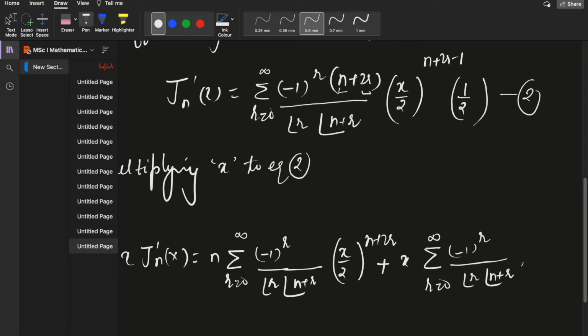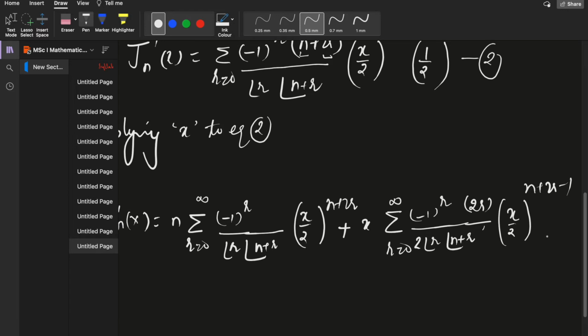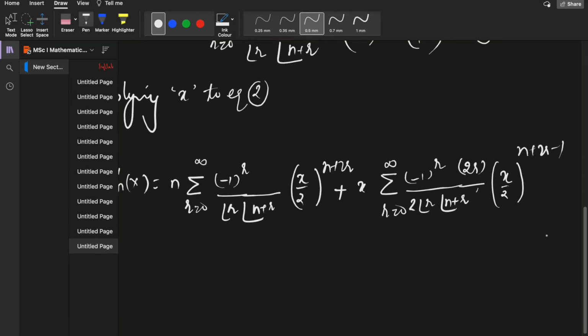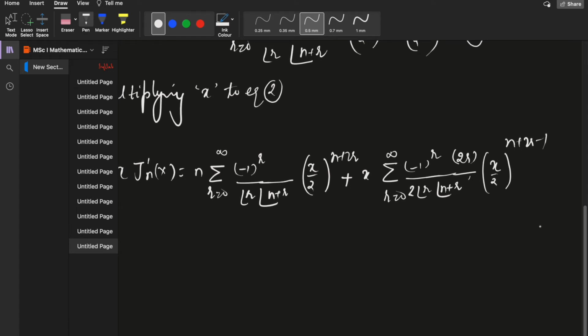The remaining quantity was 2r here, and one additional term to this term, x upon 2 to the power n plus 2r minus 1. Alright, so we have x multiplied by this.